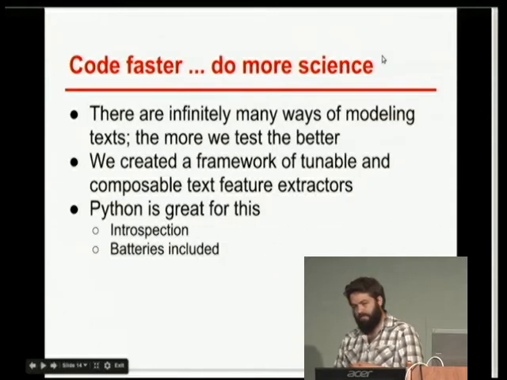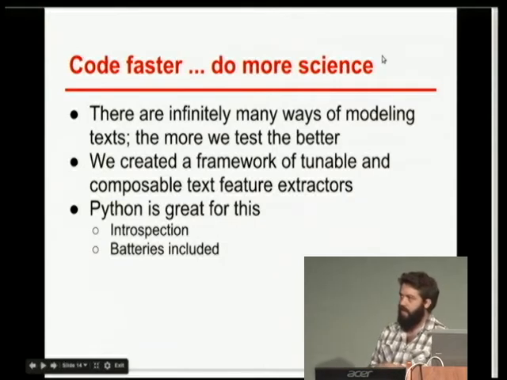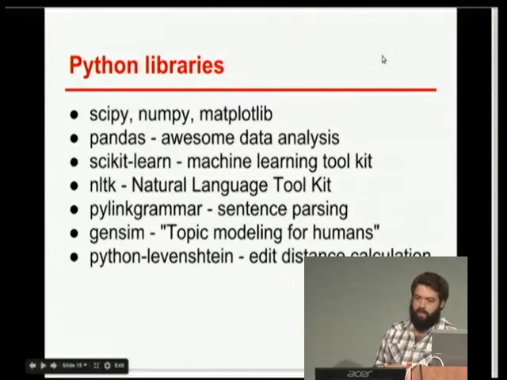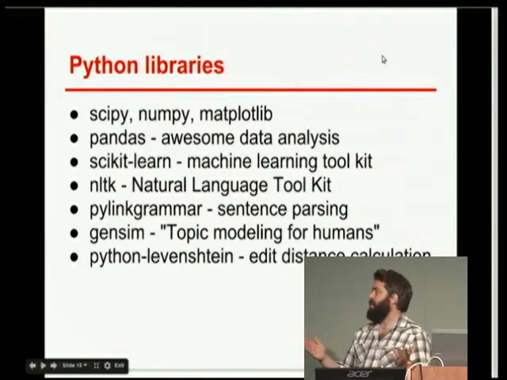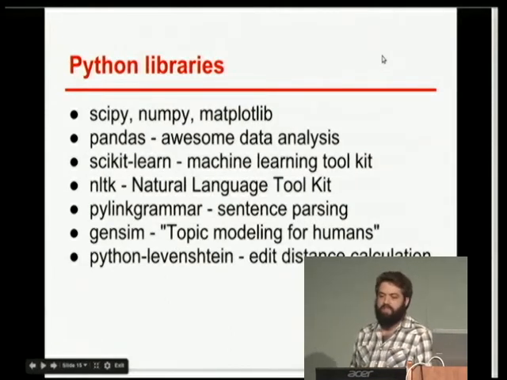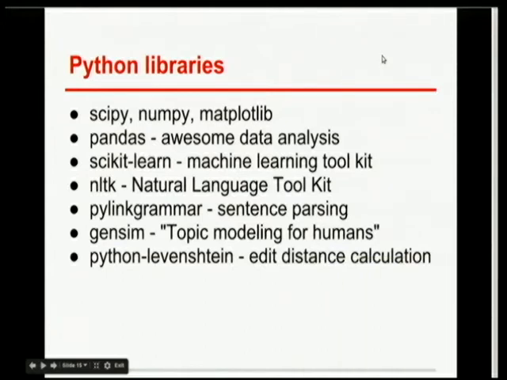helps us here with is the kind of batteries included notion, which I'm extending out to the Python ecosystem as well. There are all these amazing Python libraries, so we don't have to do all of this work ourselves. We can build on these available libraries. A lot of these will probably be familiar to you, and I'll talk about a few of them later. Some that might not be familiar are these bottom two. Gensim, which is a library for doing, their tagline I like is topic modeling for humans.